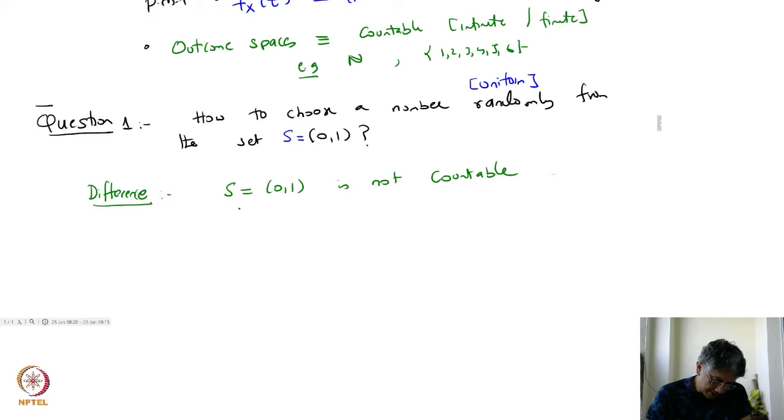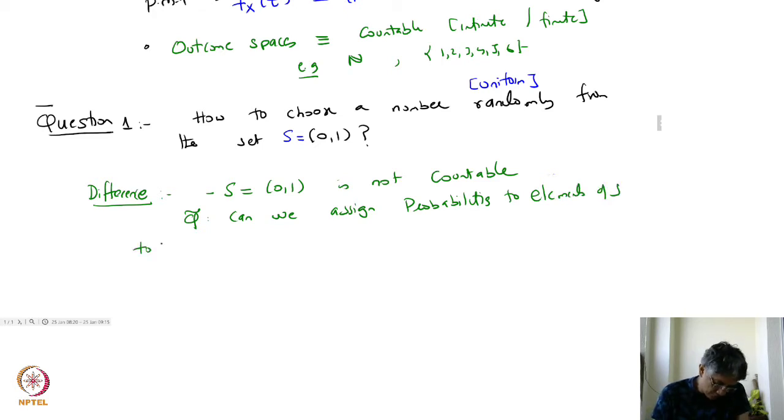Then the other thing is that once you understand the difference, the question becomes: can we assign probabilities to elements of S to answer question 1?